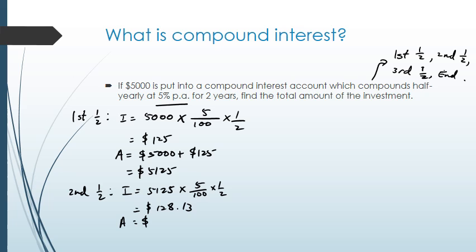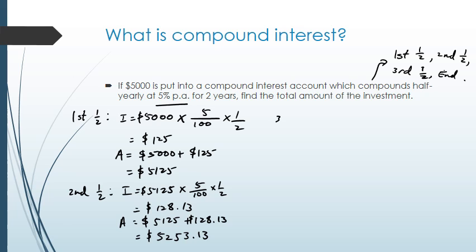And the total amount that you will get will be 5,125 plus 128.13, which then gives us 5,253.13.